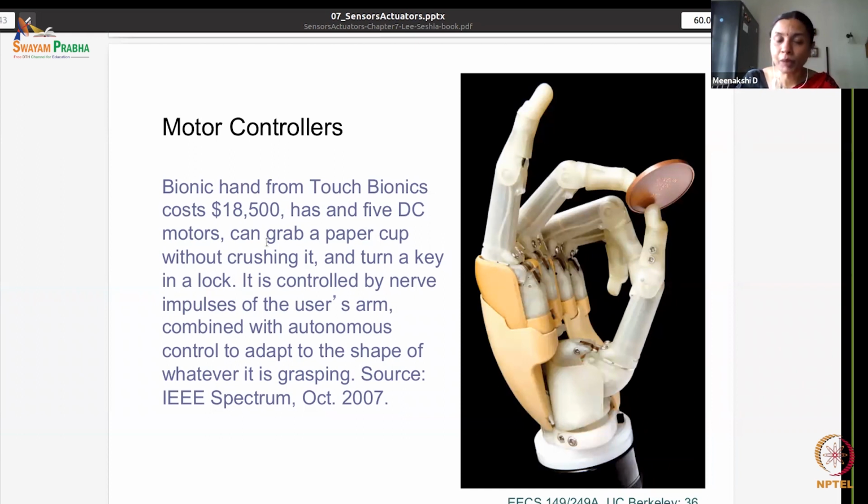It can grab a paper cup which holds a drink and not crush it. It can hold a key, insert it into a lock, and turn it. As you see, it holds a coin. It is controlled by the nerve impulses of the user's arm, combined with autonomous control to adapt to the shape of whatever it is grasping. So this is another sensor-rich embedded system.